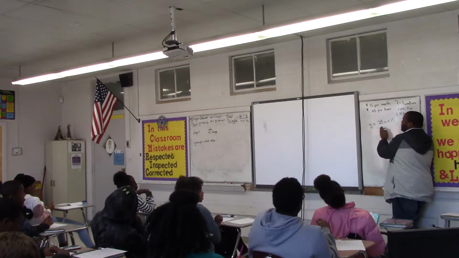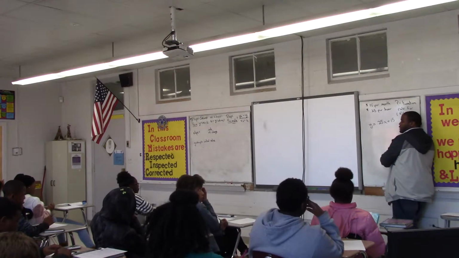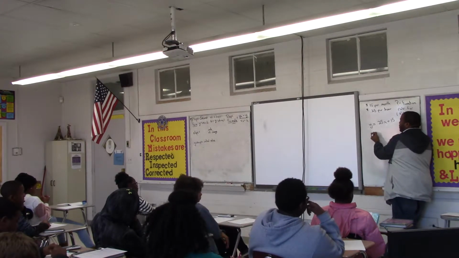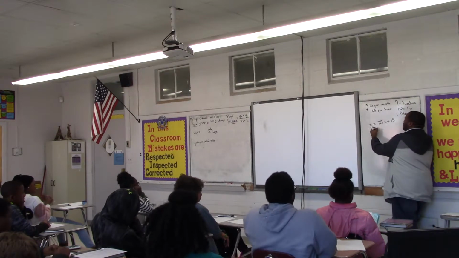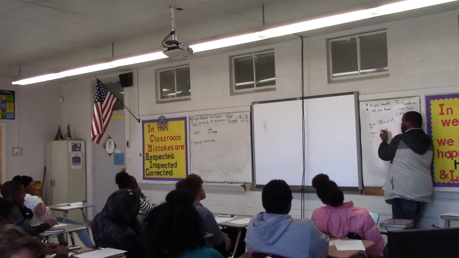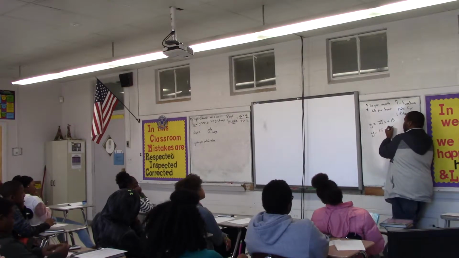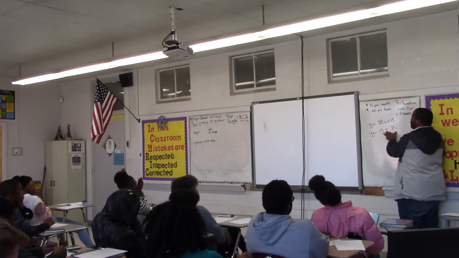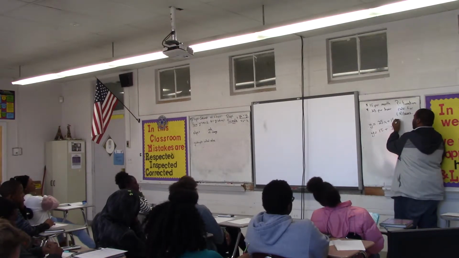Now we can also write this a different way. Does anybody know how else we write this? Switch it around. So we'll still have our y, but we'll have what? 15 plus 0.25x. Oh, yeah, good. But these are the exact same, right?